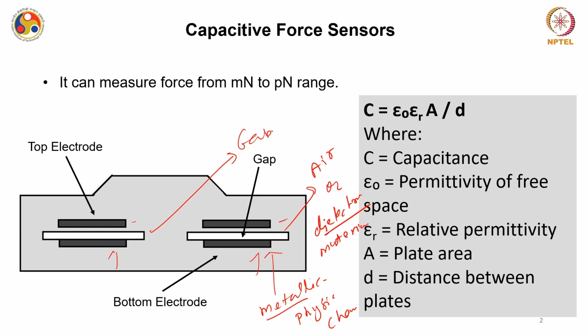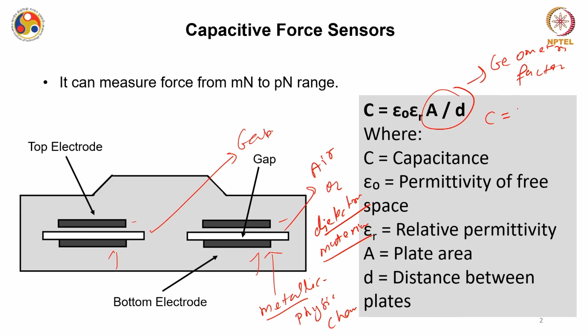We have already seen that this kind of structure uses the parallel plate configuration, and the formula is very simple. It is epsilon naught into epsilon r multiplied by A by d. A by d we have already seen is a geometry factor of this device.